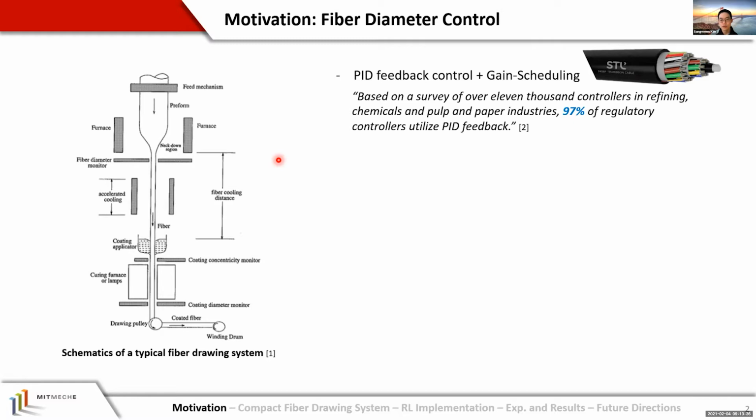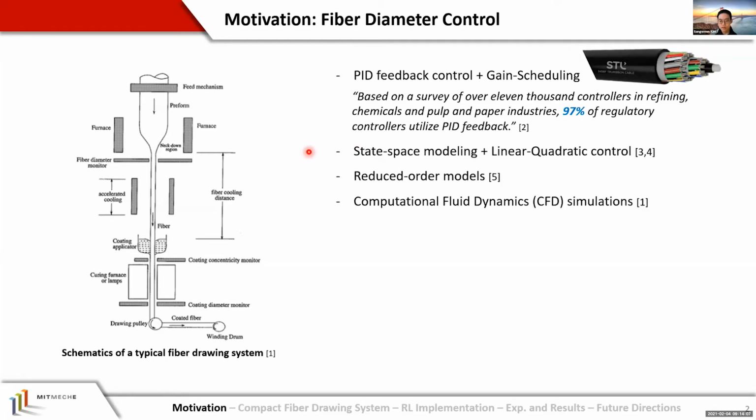For example, we are recently collaborating with a company called Sterlite, one of the largest optical fiber manufacturers, and they also utilize PID feedback control with some gain scheduling in order to regulate the fiber diameter. And not only in fiber manufacturing, the PID controller is so popular that according to a survey, 97% of regulatory controllers in the chemical industry utilize PID feedback.